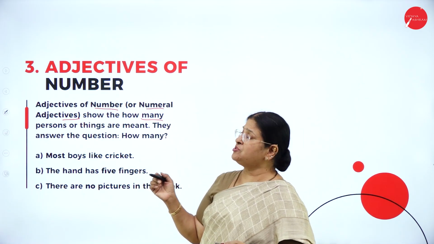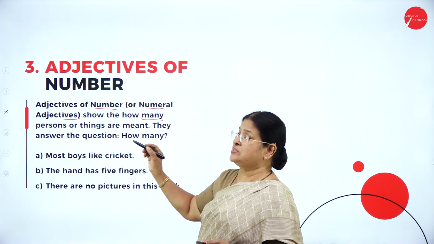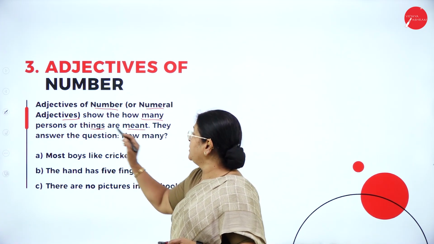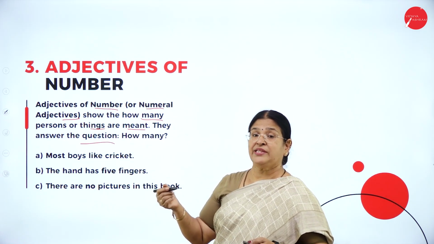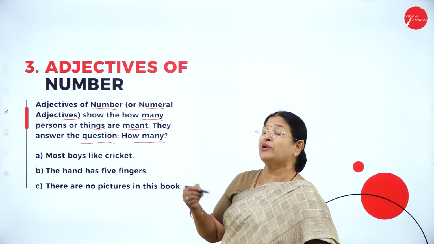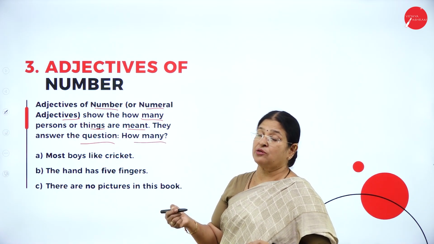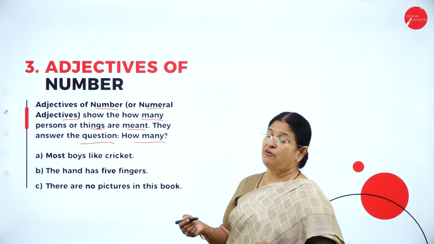Adjectives of number show how many persons or things are meant. They answer the question, how many? And the answer you get when you pose the question how many is the adjective of number.